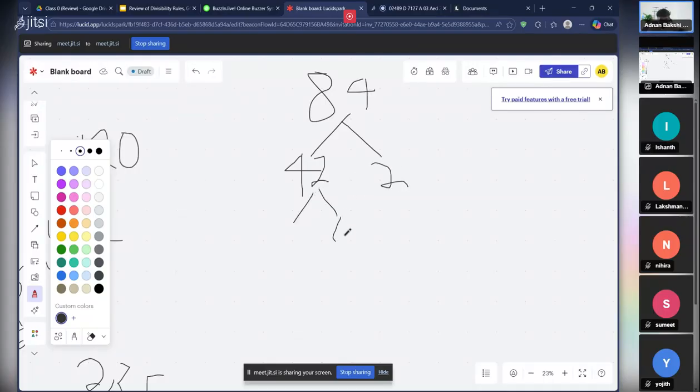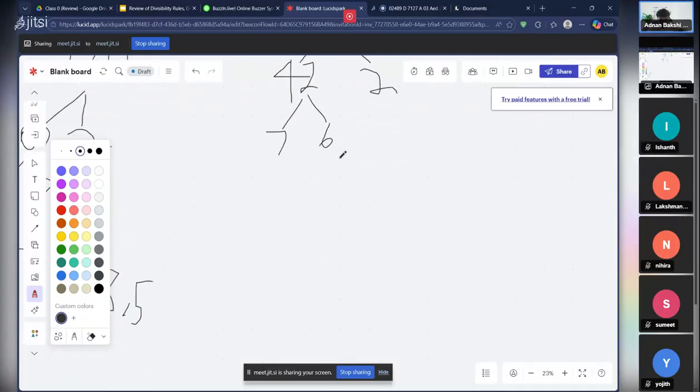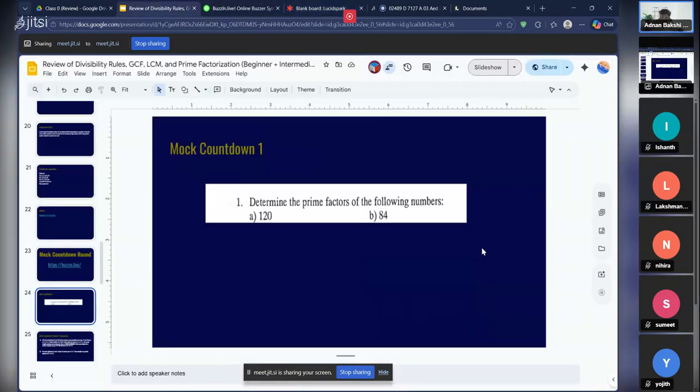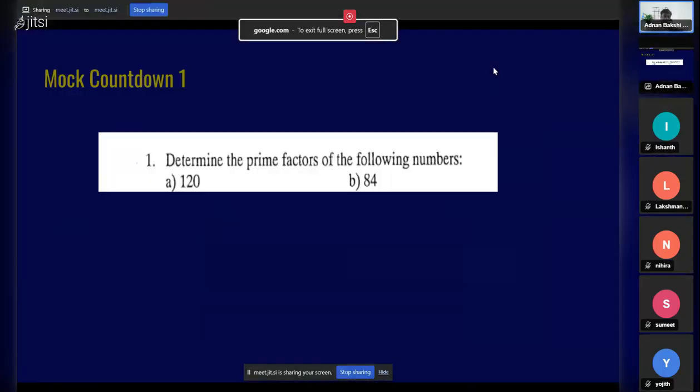This would be 7 and 6. And 3 and 2. Prime, prime, prime. So 2, 3, and 7. Good job, you got it right. I'll give each of you a point because you both got it right. So Nihir 1 point and Ishant 1 point.